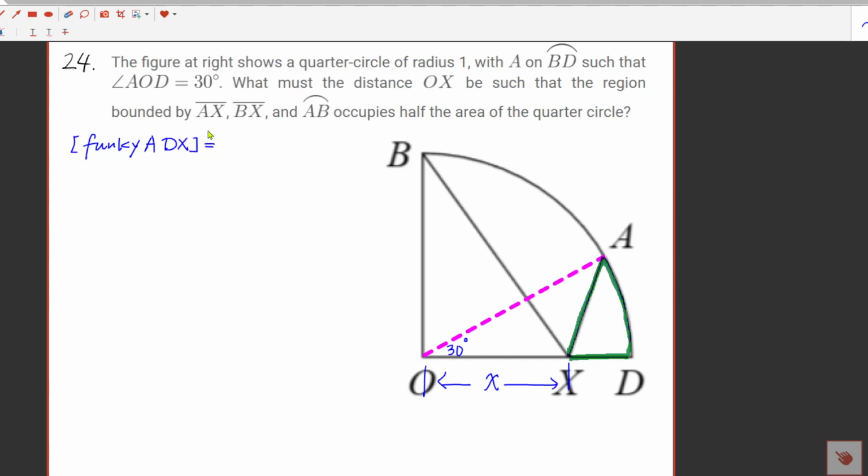This equals sector AOD subtracted by the area of triangle AOX.